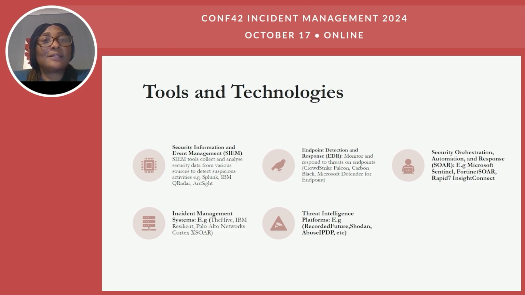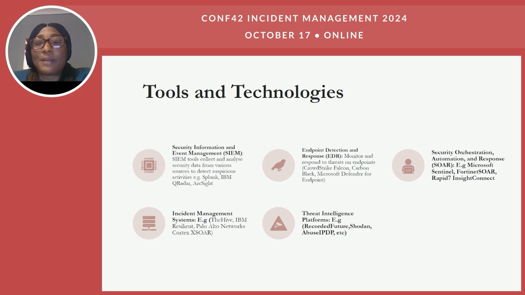One of them is the security information and event management, which is the SIEM. And under this, there are different SIEM tools that could be used. One of them is Splunk, and you have the list of others. You also have the endpoint detection and response tools. For example, you have Carbon Black, you have Microsoft Defender, and we have the SOAR, which is the security orchestration, automation, and response tools.